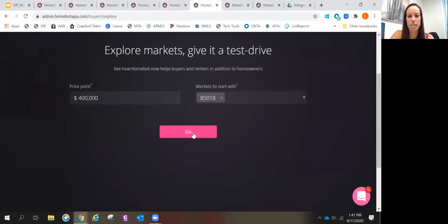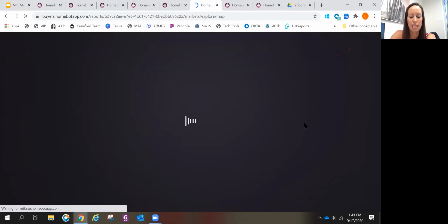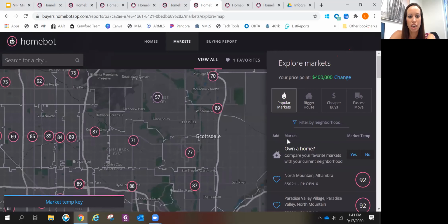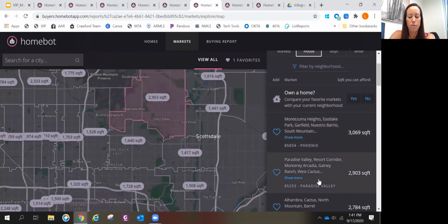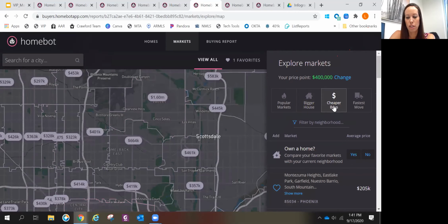So let's say they want to be in Central Phoenix, which is Arcadia. So that's probably a really bad zip code to pick. But it shows them here which price points are going to be best for them for popular markets where they can move quicker and or get a bigger house, or where they could buy for less money.